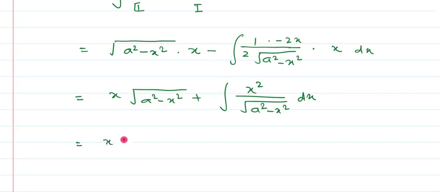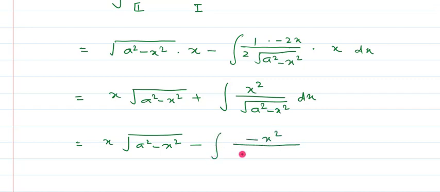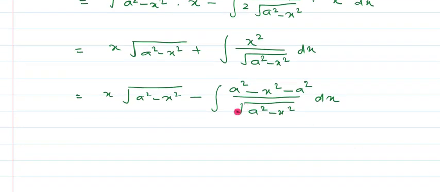It is equal to x into square root of a square minus x square minus x square upon square root of a square minus x square dx. Now adding a square and subtracting a square, and now segregate the terms.